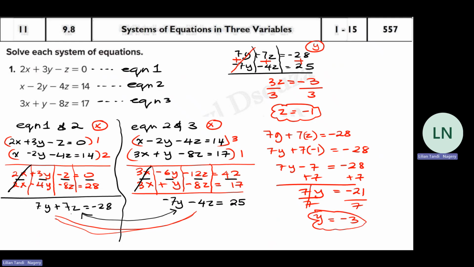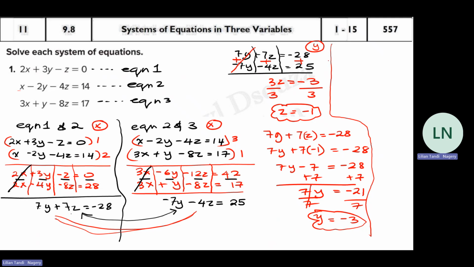Okay? Now I have z and y. I need to find x. I am going to use the second equation. You can use either equation, it doesn't matter. Whichever one you want, you use.